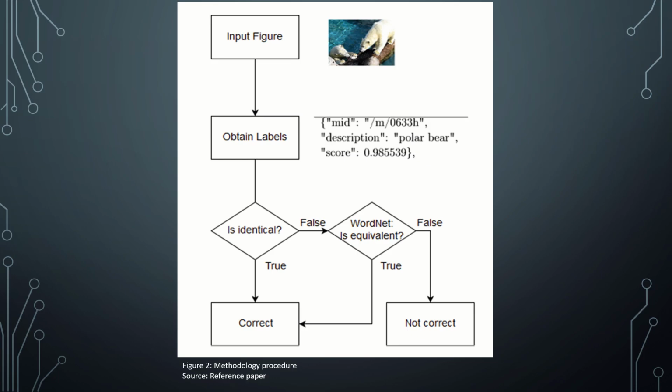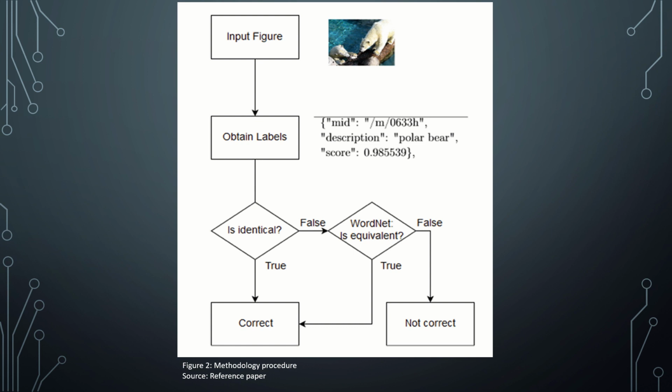So this is the proposed methodology. In this, the Google Cloud Vision API might be capable of extracting annotations from the images, but the need of WordNet came into the picture because humans may not use the same term to identify an object.